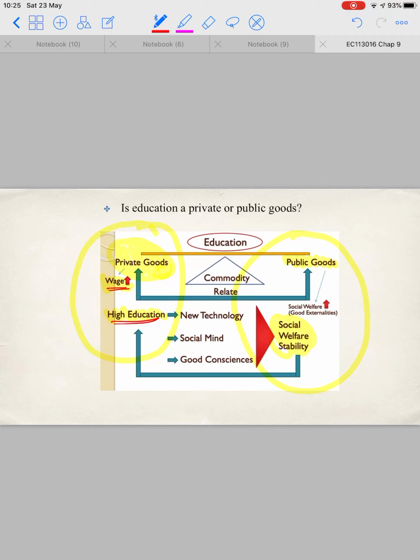When they graduate from university, they can generate new technology. They are socially minded and have a good conscience, and this microeconomics can relate to macro, or public goods here.